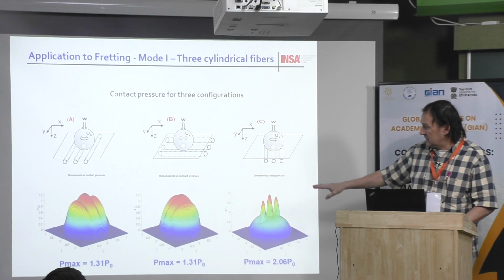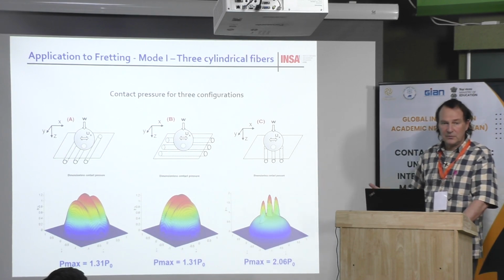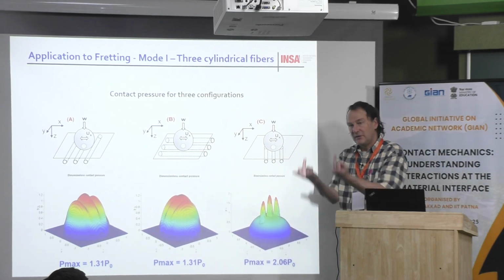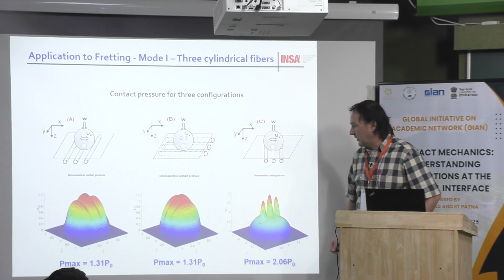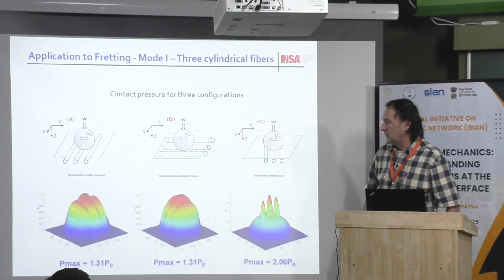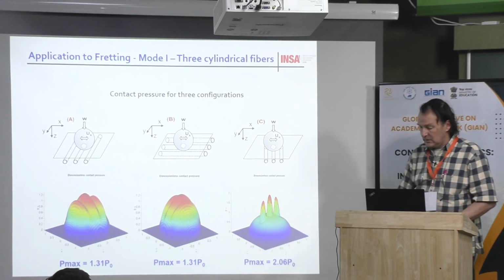Then this is a view of what you can expect as a contact pressure distribution. You can see here that the peaks are very important, because the fibers are vertical. Here, the increase of the pressure is lower, typically 20% of the Earth's pressure.